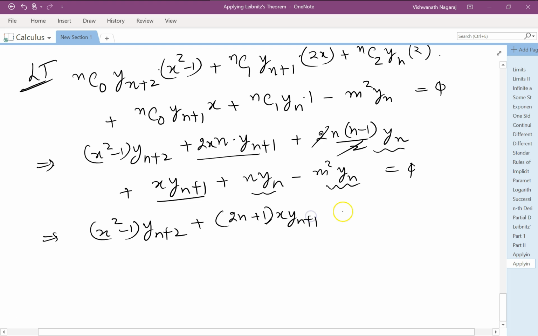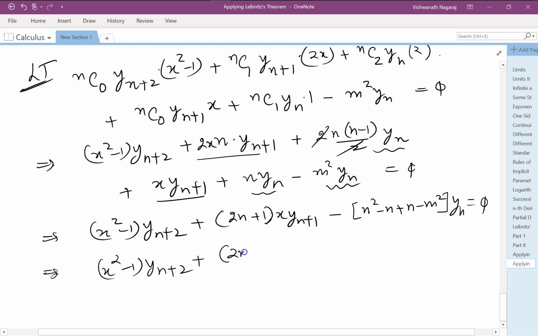xyn plus 1 minus n square minus n square minus 1 n plus n minus n square yn equal to 0. x square minus 1 yn plus 2 plus 2n plus 1 xyn plus 1, minus these two get cancelled and we are left with n square minus n square yn equal to 0.